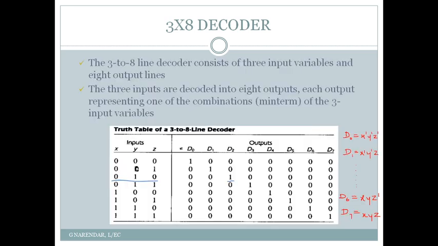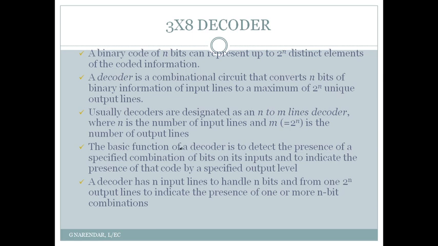So this is all what we have learned about the decoder. You can see that that's what we have done. We defined what a decoder is, and in a general way it can be said that it is a combinational logic circuit which detects a binary code present at its input and indicates the presence of that particular code by raising a specified output level.